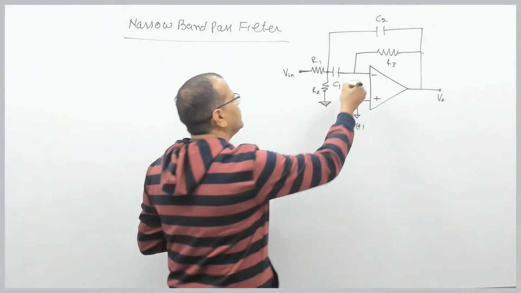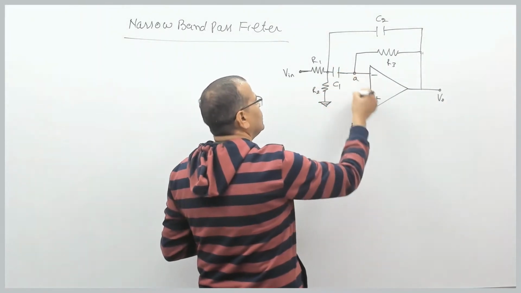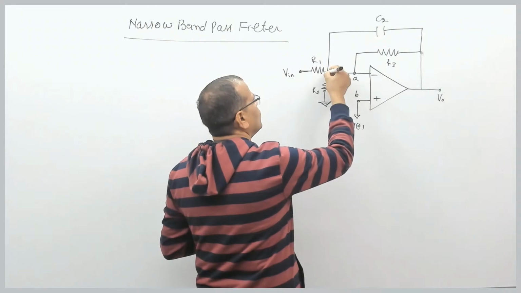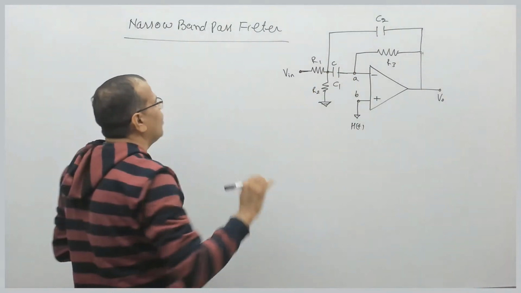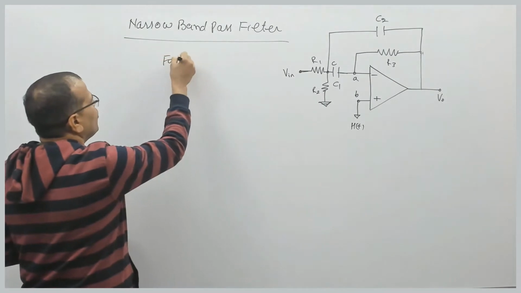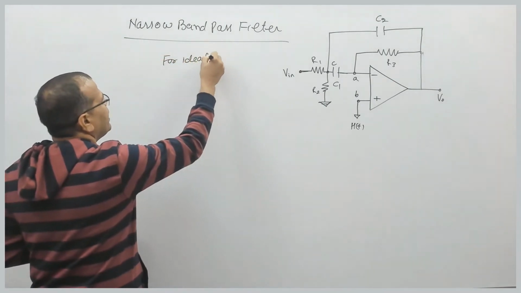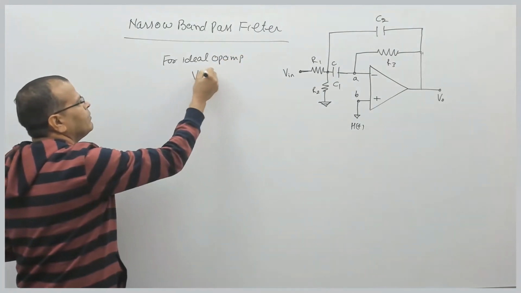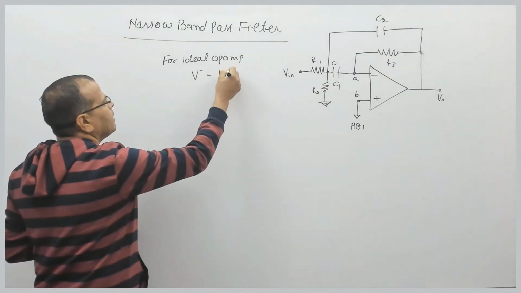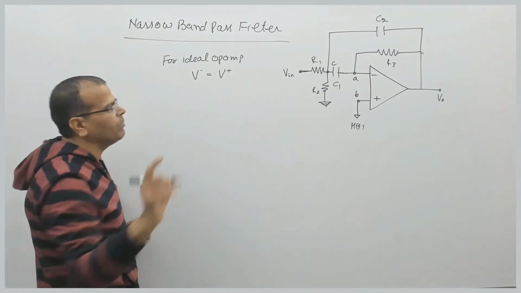Say this node is A, this node is B, this node is C, right? Now for an ideal op-amp, what do we have? The voltage at the inverting terminal is the same as the voltage at the non-inverting terminal.